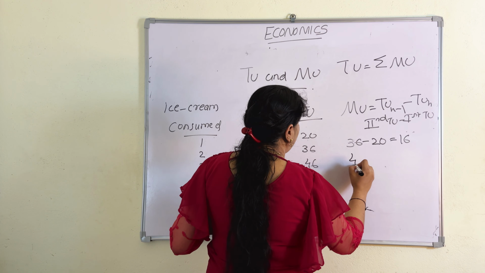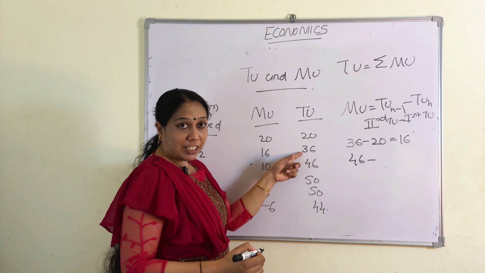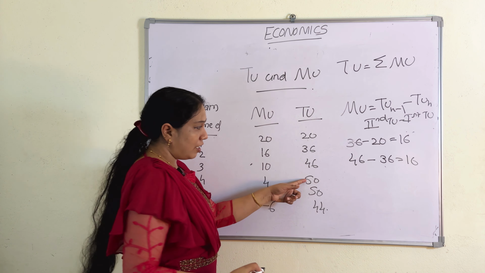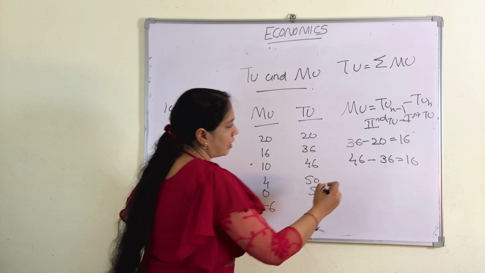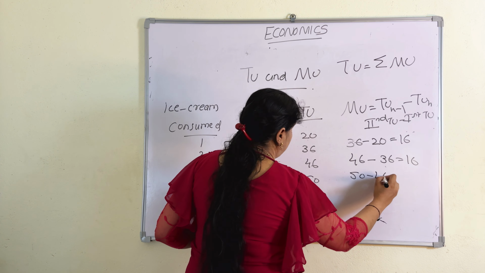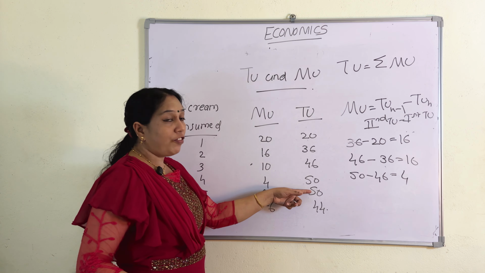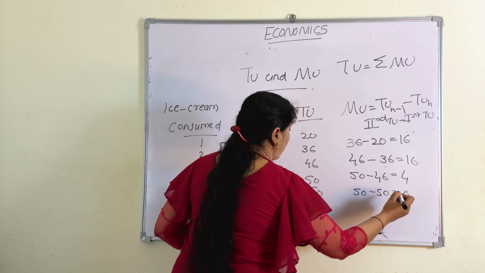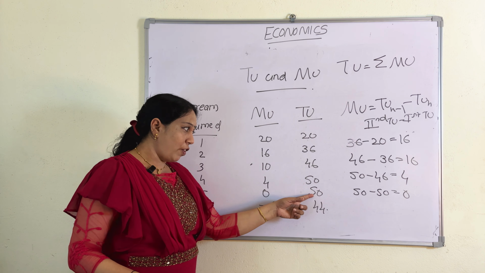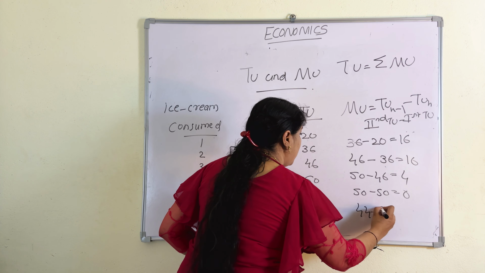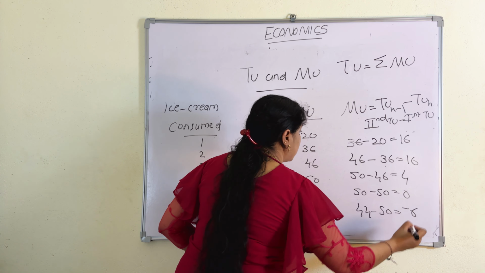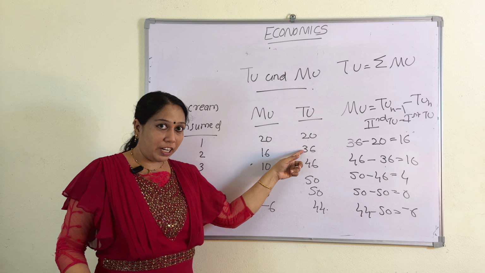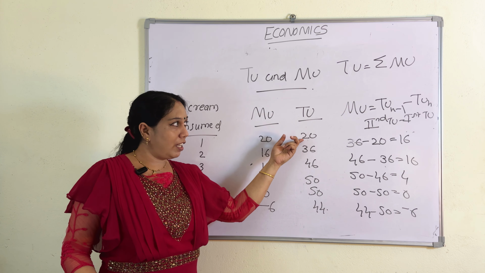Next, second total utility is 46 and first one is 36. 46 minus 36, 10. Next one, 50 minus 46 equals 4. Next, 50 minus 50 equals 0. Last, 44 minus 50 equals minus 6.